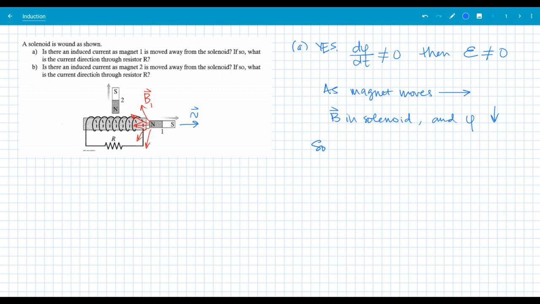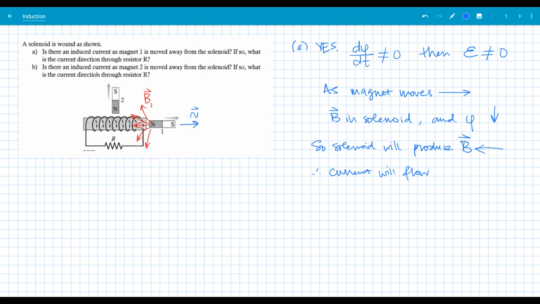So the solenoid will produce a B field that's directed to the left. It's up to you to use the right-hand rule and ask what direction the current has to be to produce that B field. Here's where you need to pop out the solenoid into 3D.